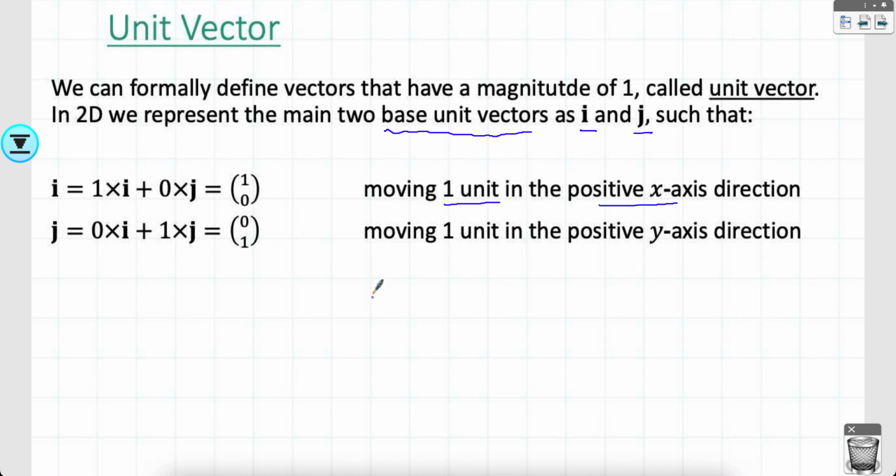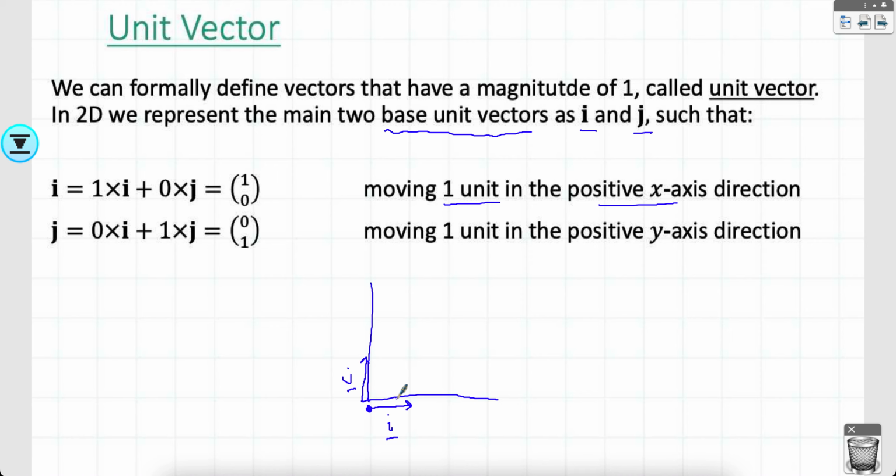So if this is my axis here, then this is i, just from the center to one position, and then j will just be the vertical going in the positive y-axis direction.